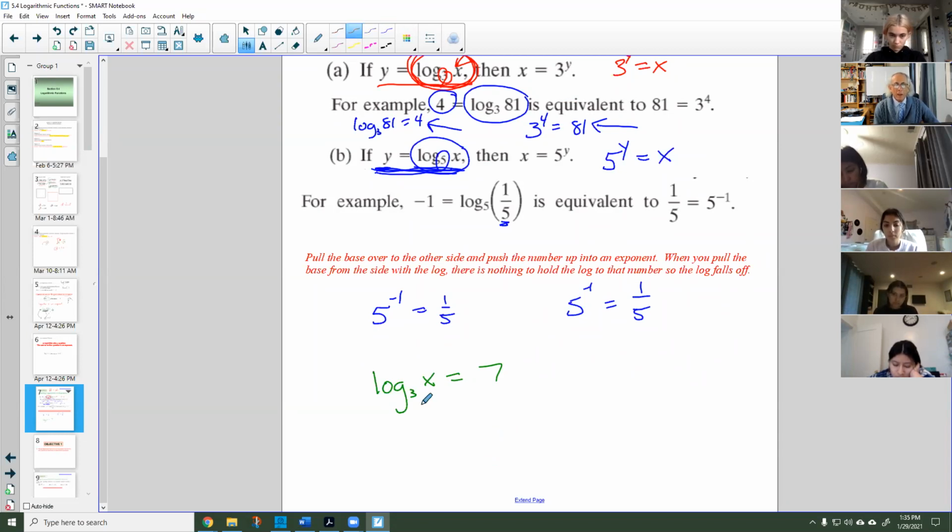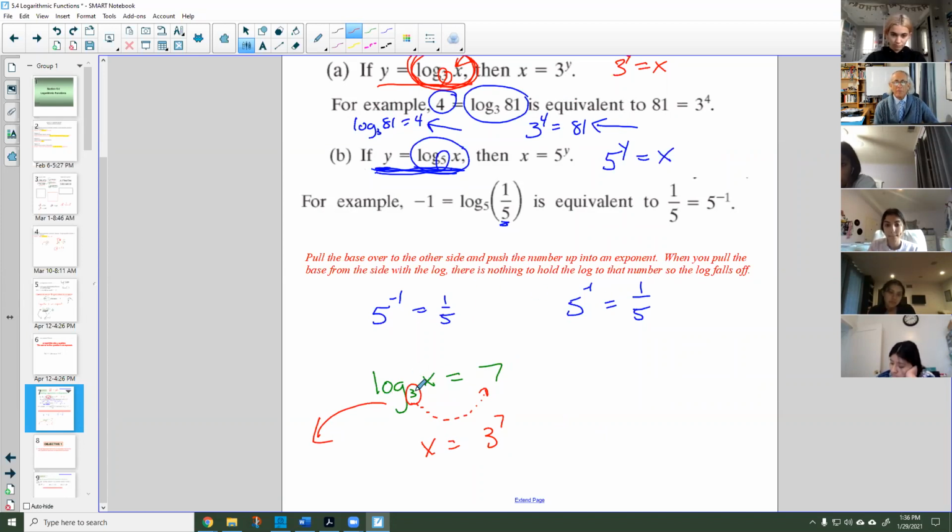So I take this 3, which I know is the base, the little number below the logarithm, and I move it over to this side. Since that's the base, and I know this is the exponent, the 3 pushes that 7 up on top of itself. So it becomes 3 to the 7th. And once this base is gone, the log falls off, and all I'm left with is x is equal to 3 to the 7th.